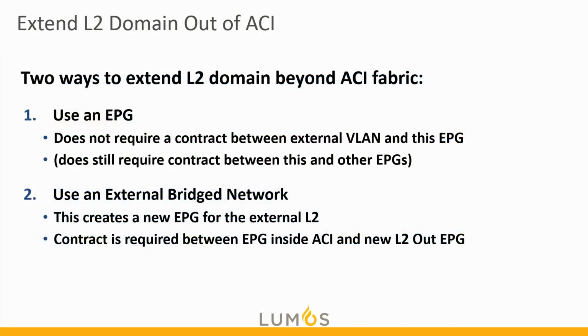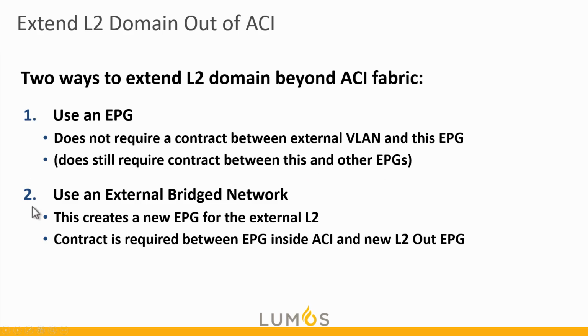So when we extend layer 2 out of ACI, we really have two ways to do this. We can either, A, choose to use an EPG, which does not require a contract between the external VLAN and this EPG that we're using. It does, of course, still require a contract between this EPG and any other EPGs if we want to have communication there.